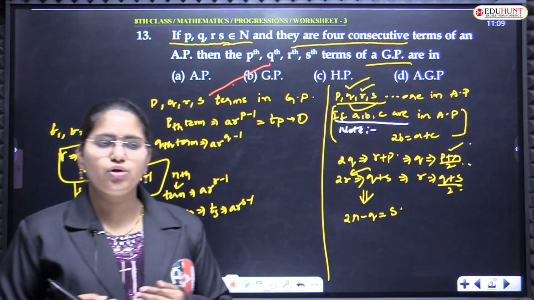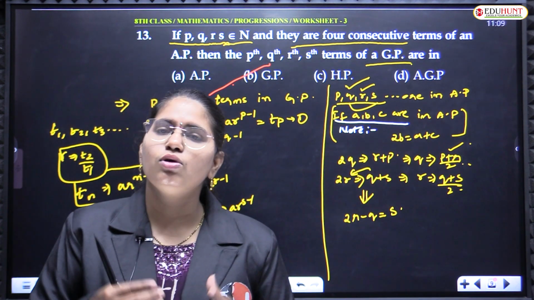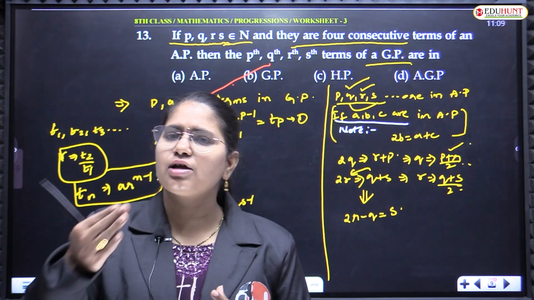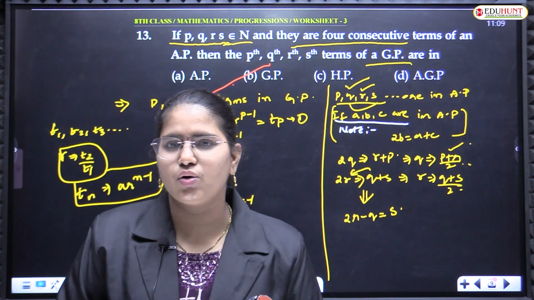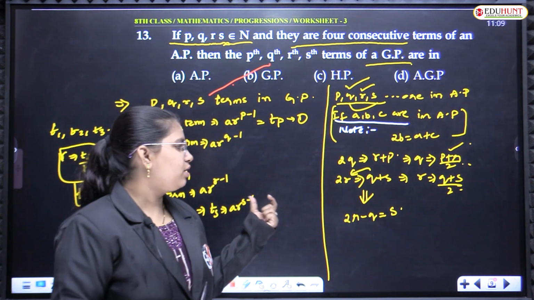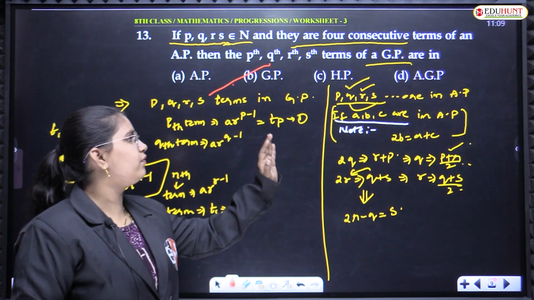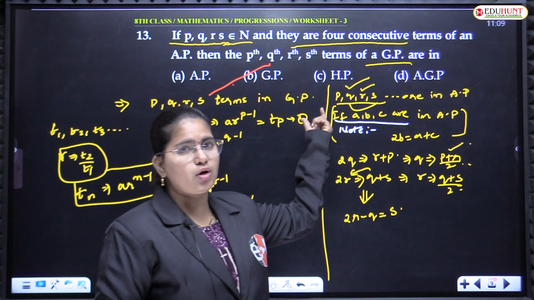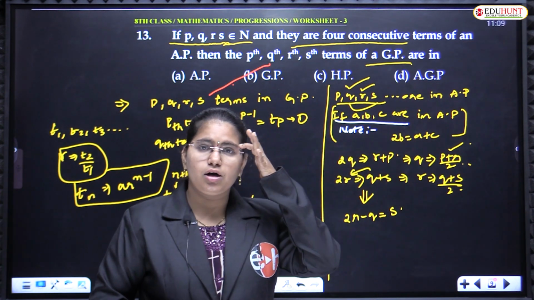So, I just want to recall, it's a bit of a confusing problem, but you have to make it simple. How can you make it simple? Convert all P, Q, R, S terms into one relation, okay? So, what I am doing here is, first I wrote the given information in both ways. If P, Q, R, S are consecutive terms, so I should take them in order.